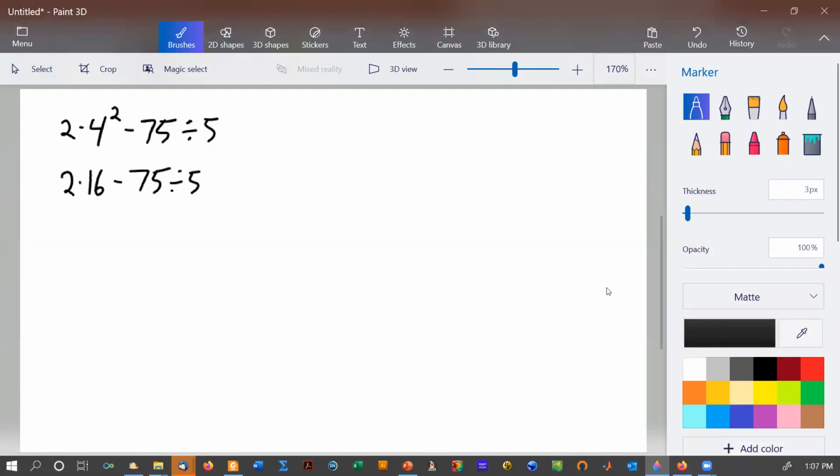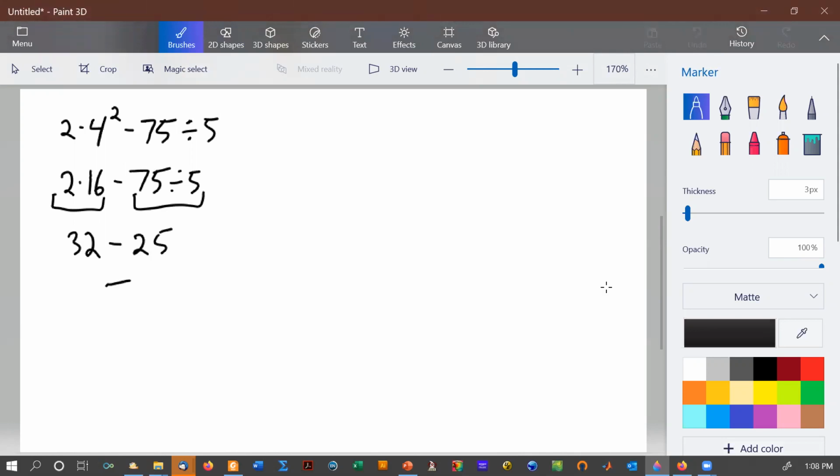Now you do multiplication and division proceeding from left to right. So 2 times 16 is 32 minus, and then 75 divided by 5 is 25. And so now we do the subtraction. 32 minus 25 is 7.